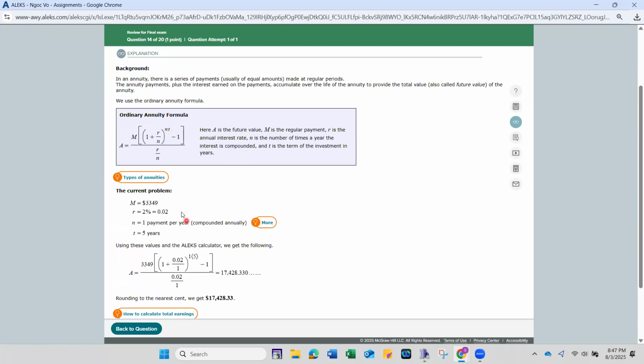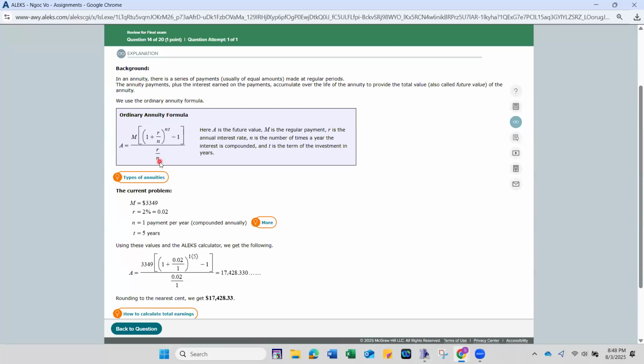So in this problem, we are making a deposit of 3,349 annually. So that's the reason you substitute M as 3349. Substitute rate 2%. Don't forget to convert into decimal, 0.02.